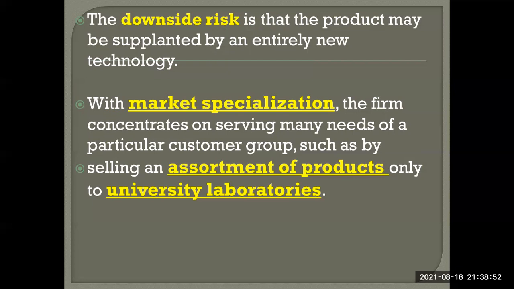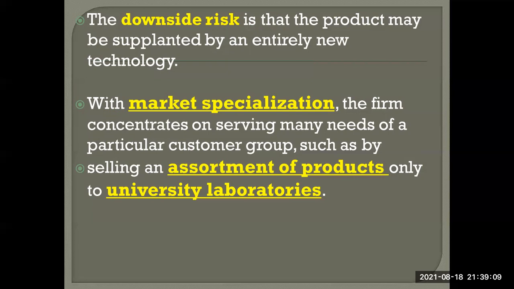But if they do not modify themselves to mobile, smartphone, and latest technology, the company will vanish, because the downside risk is that product has been substituted by the new technology.